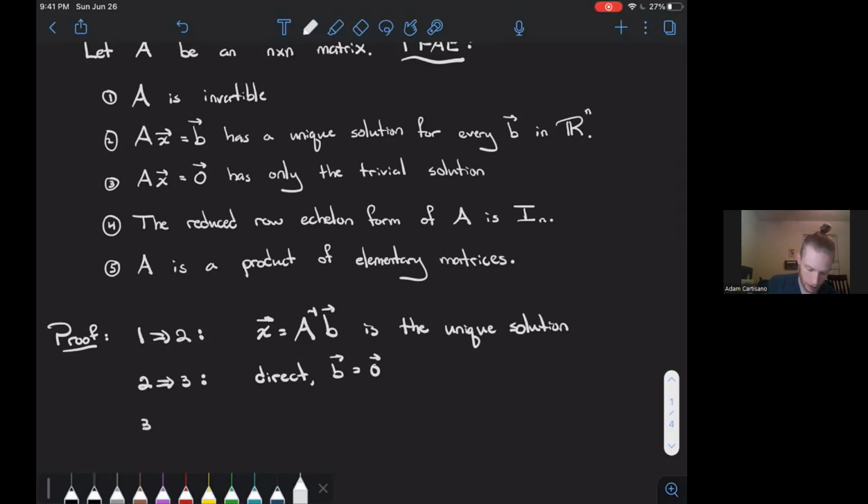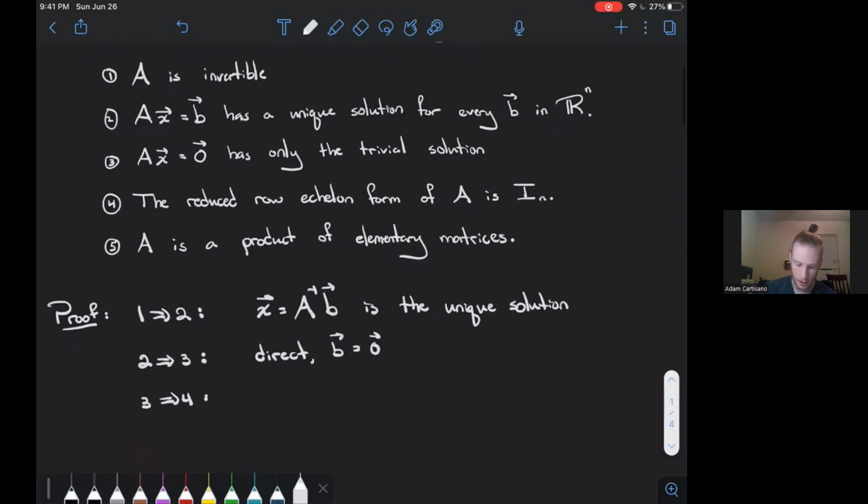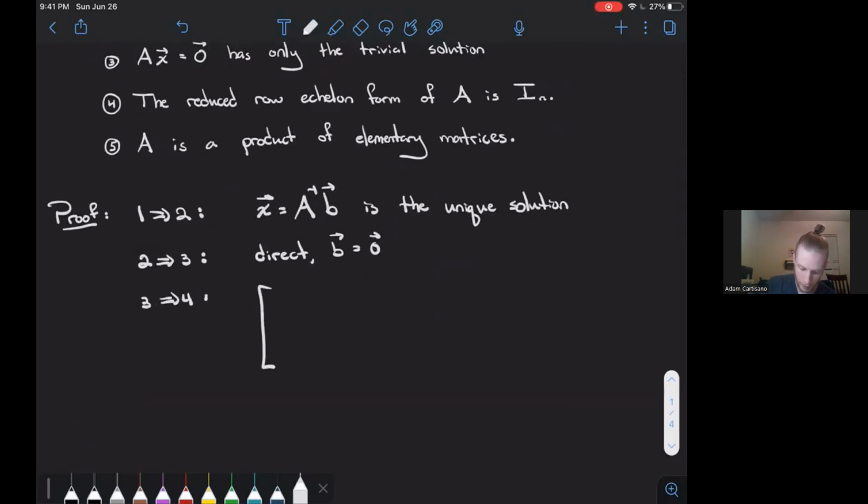For 3 implies 4, this is interesting. Supposing that AX equals 0 has only the trivial solution, then we want to prove that the reduced row echelon form of A is the identity. So let's write out A. It's going to be a_11, a_21, all the way down to a_n1.